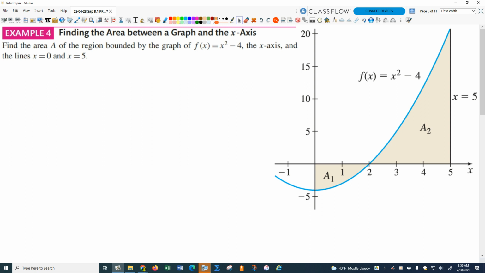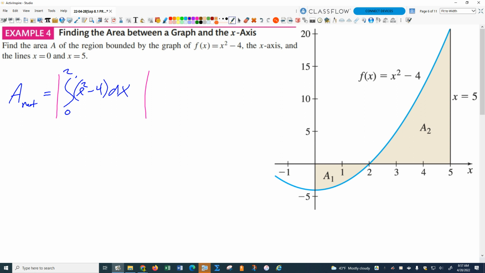So we could write this out as the net area equals the absolute value of the integral of f of x dx from 0 to 2, right?